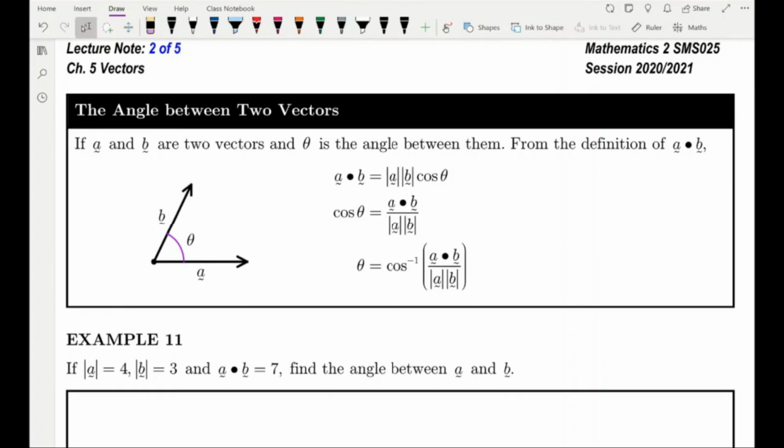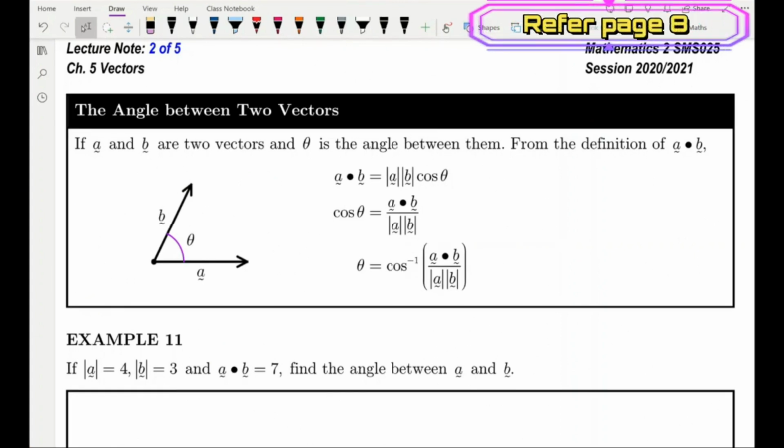Next, the angle between two vectors. If A and B are two vectors and theta is the angle between them, from the definition A dot B equals magnitude A multiplied by magnitude B cos theta.